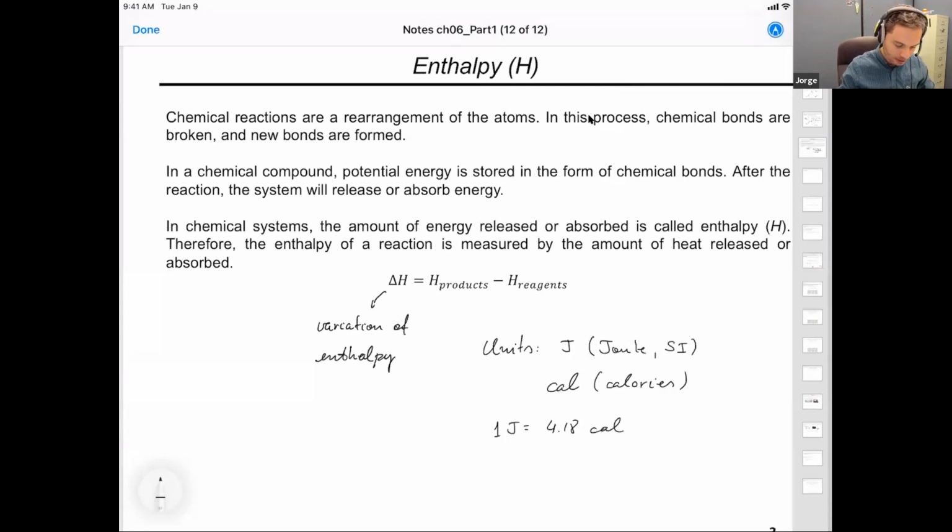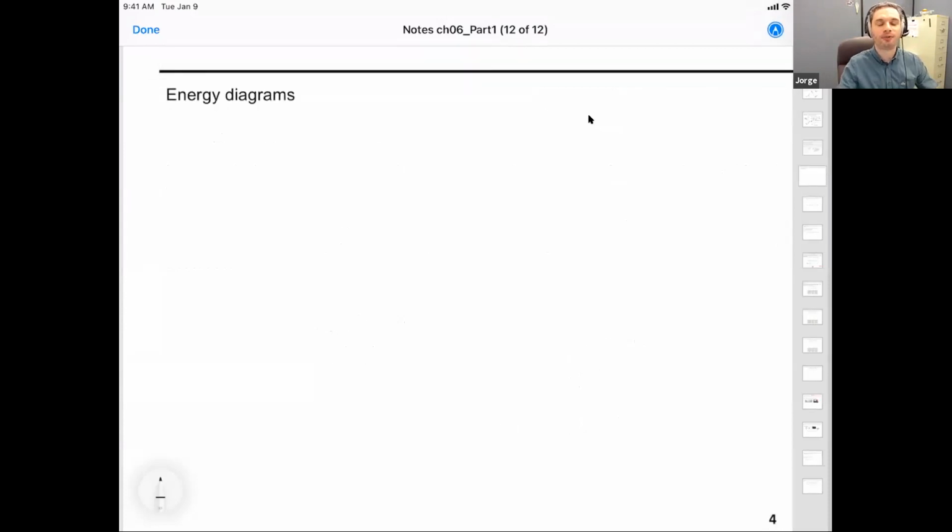With that being said, we are ready to draw energy diagrams for different types of reactions. Okay, so I will give you two examples that will cover the only two possibilities that enthalpy will change in a chemical reaction. So let's get here a test tube.